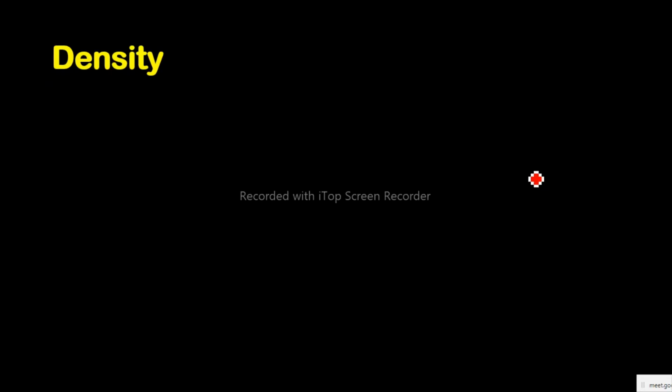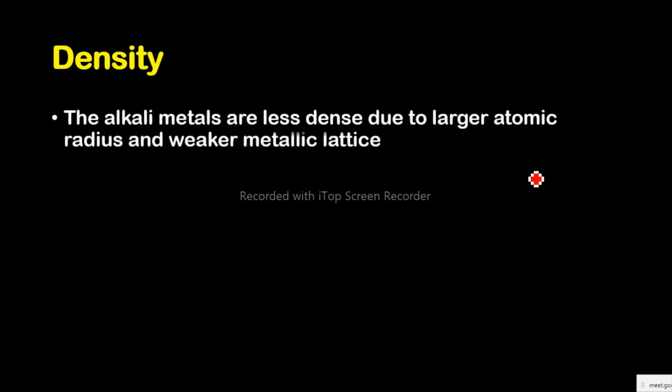So let's see how density is. Now, the alkali metals are less dense due to a large atomic size. Remember, density is mass over volume. It is a measure of how many particles can occupy a given space.